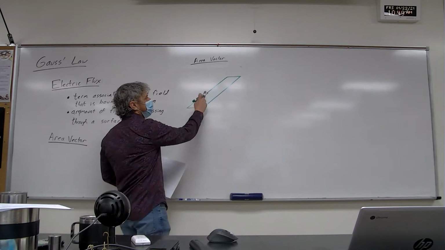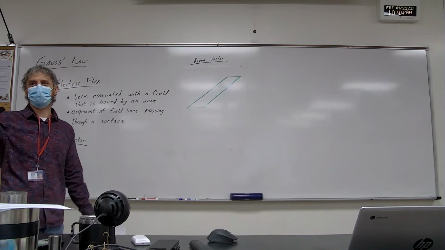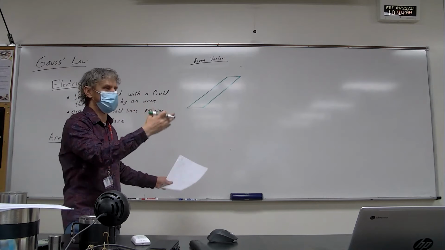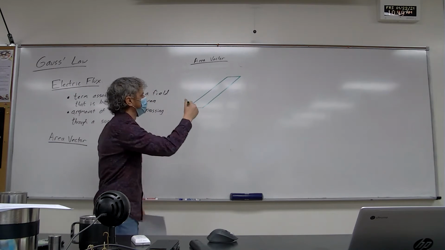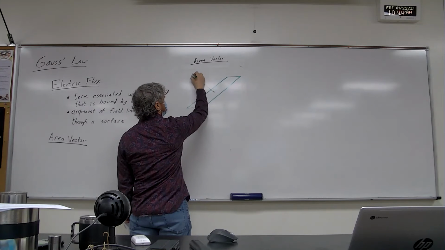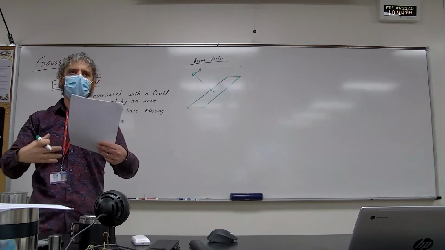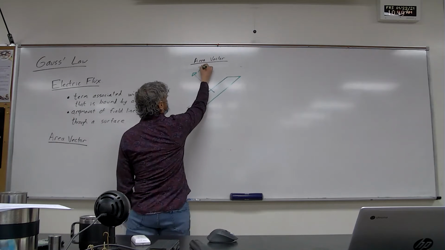Okay, so let's say I want to draw a vector that represents this area. Well, a vector, and this is a mathematical concept. This is a concept from mathematics that physicists then borrowed to do this. We can indicate the area of this surface by drawing a vector that is normal to its surface and have the length of that vector indicate the actual size of the area. Okay? So that would be an area vector.